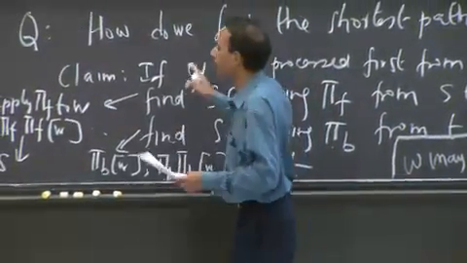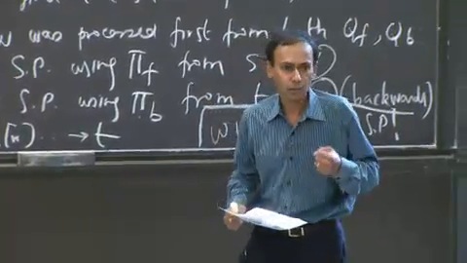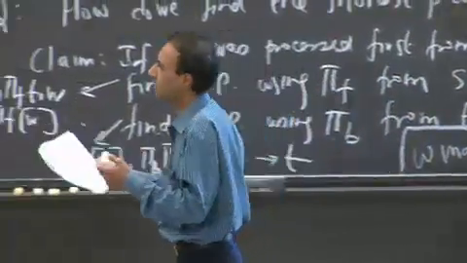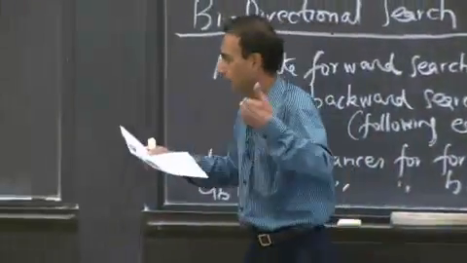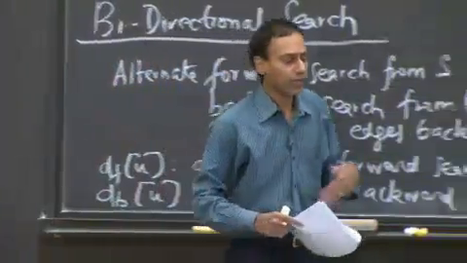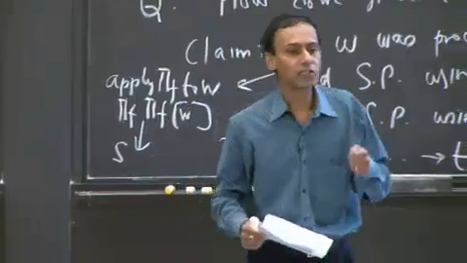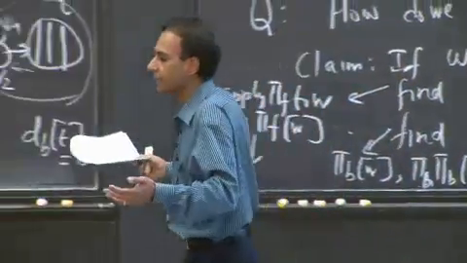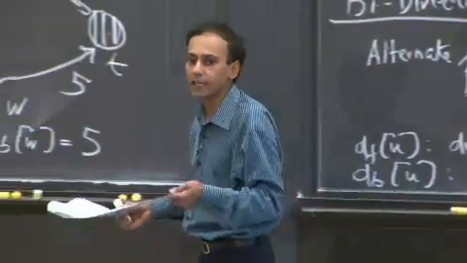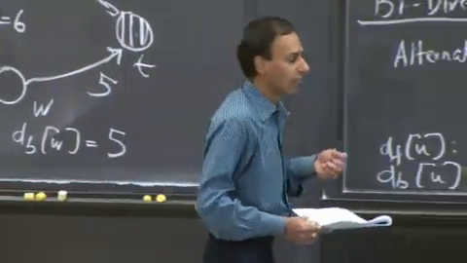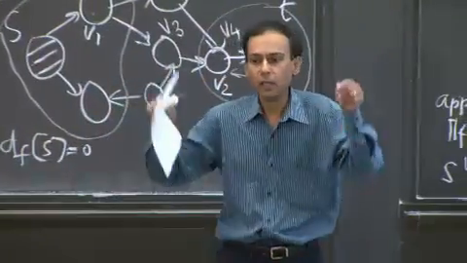Well, we terminated according to this condition. We terminated when W was pulled off from QF and QB, because that was the short path in some sense in terms of the number of edges. It was only of length 2. And so when the frontiers collide, this is the subtlety in the algorithm. The frontiers collide at some vertex regardless of the weights of the edges. Because we're alternating the forward search and the backward search, in effect, the frontiers are going to collide on the shortest length path.